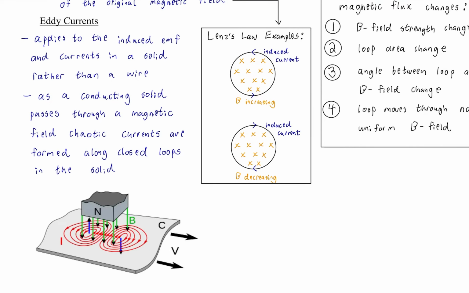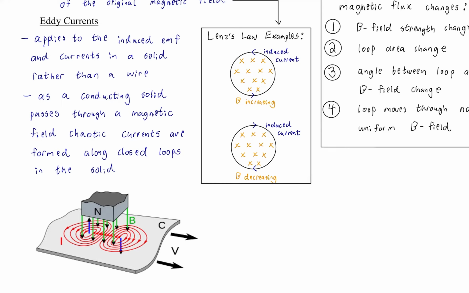So here we have a big conducting solid, a slab of metal, and we're moving it through a magnetic field, which is effectively like case 4 of moving a loop, but in this case, the loops are just being formed inside the solid. We're moving it through a non-uniform B field, because we go from no B field to uniform for a while and then no field again, which effectively means we're changing the exposure to the B field.